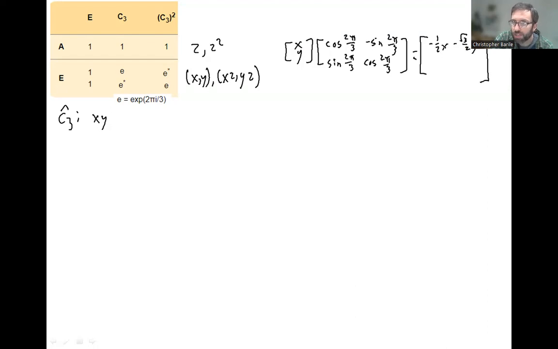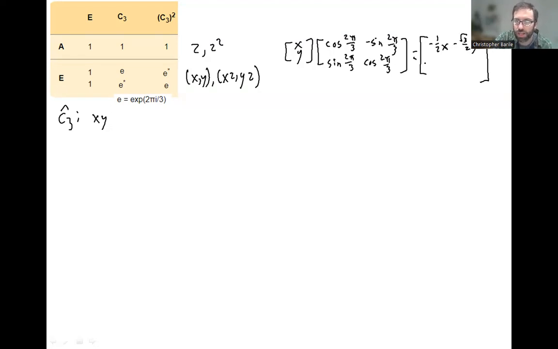So x went to negative 1/2 x minus root 3 over 2 y. The result of x being rotated 120 degrees, the C3 rotation, has to involve both x and y. That's why we keep things together in a 2x2 matrix here.